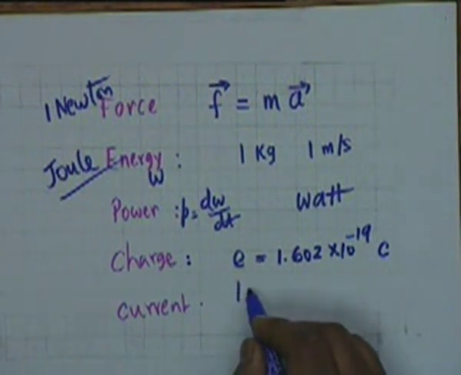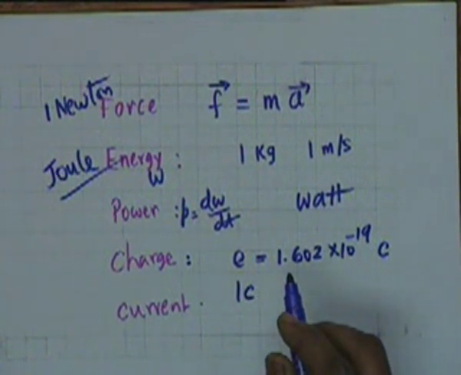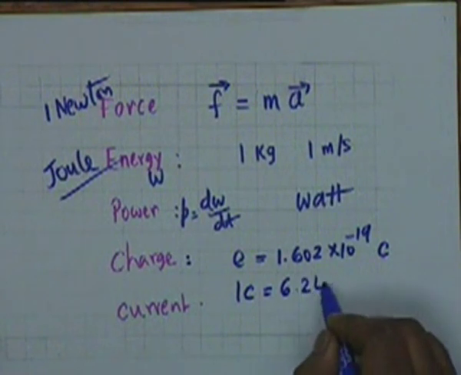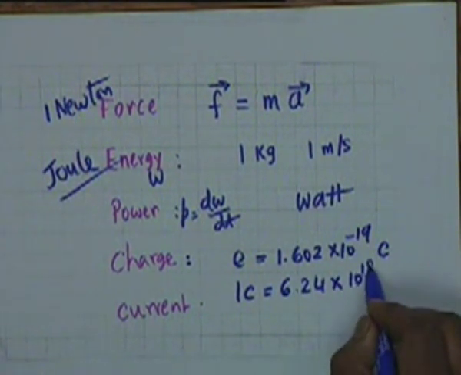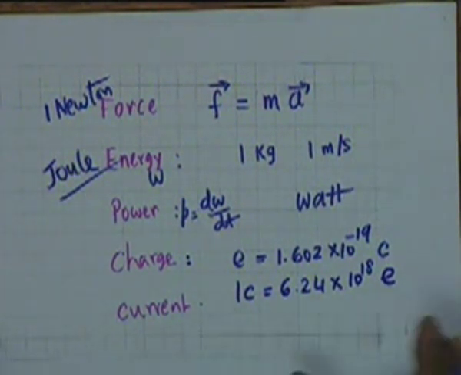And so 1 coulomb can now be defined in terms of the charge of a certain number of electrons, and this number is 6.24 times 10 to the 18 electronic charge. You can also describe 1 coulomb in terms of the force experienced by a charge.